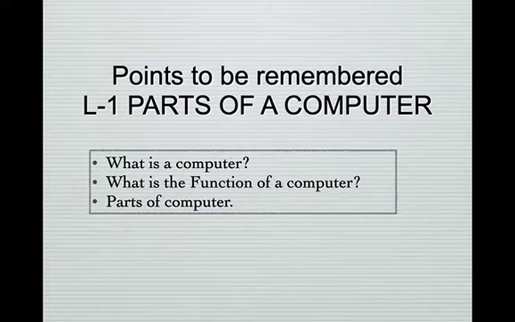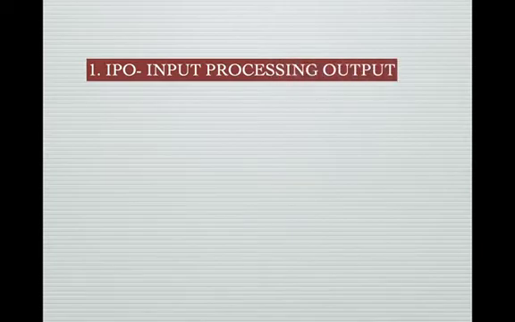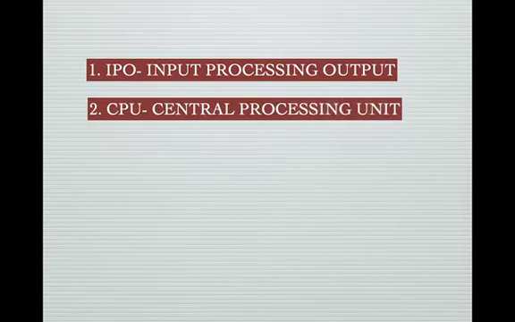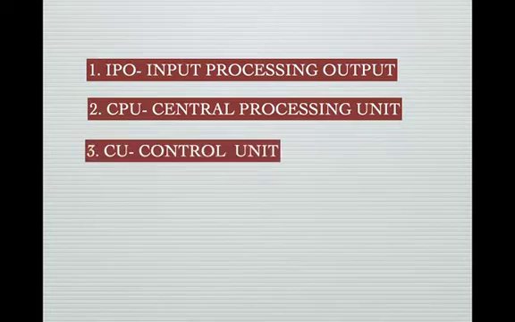So let us see the question answers for this chapter. Before that we will learn the full forms. IPO: I input, P processing, O output. Second is CPU, Central Processing Unit. Third is CU, control unit.